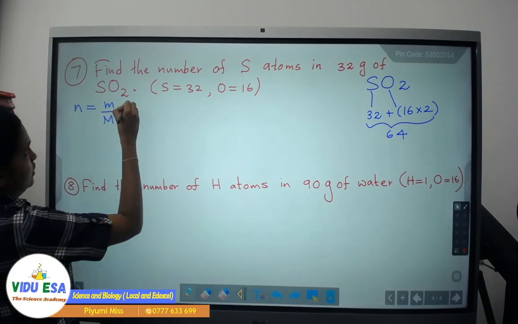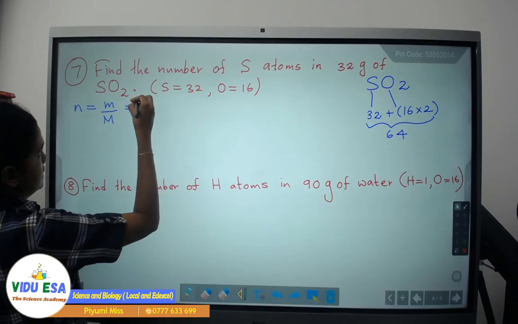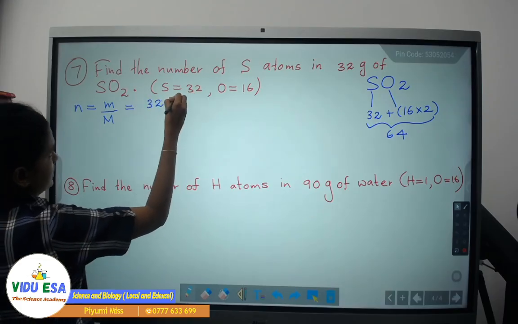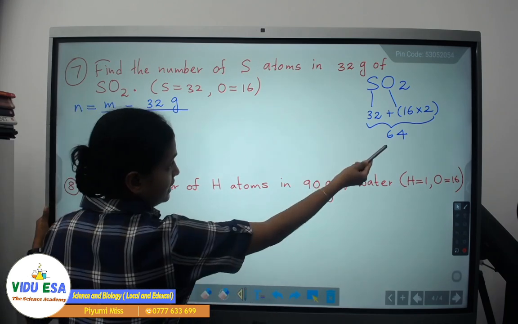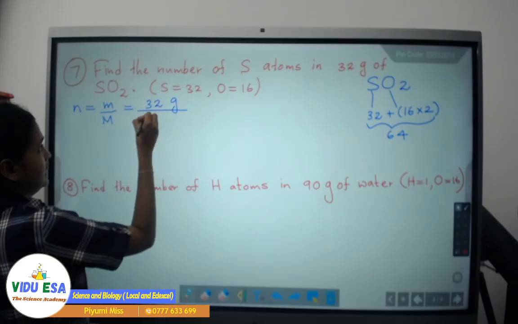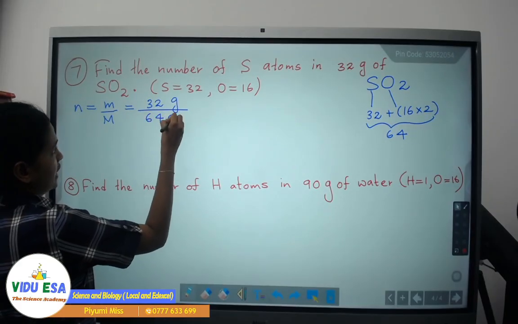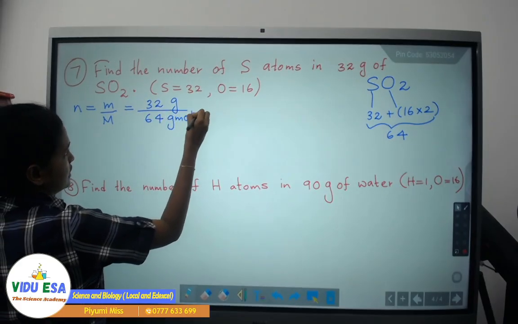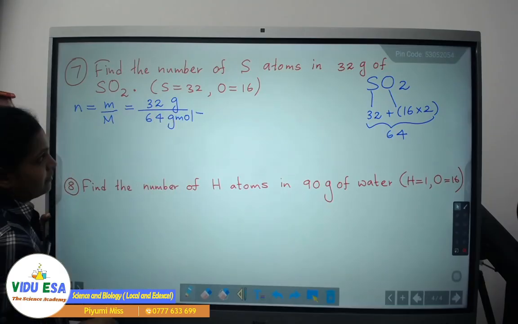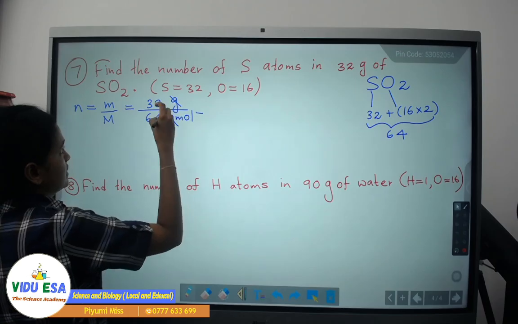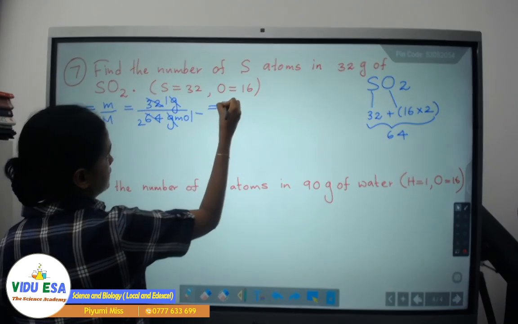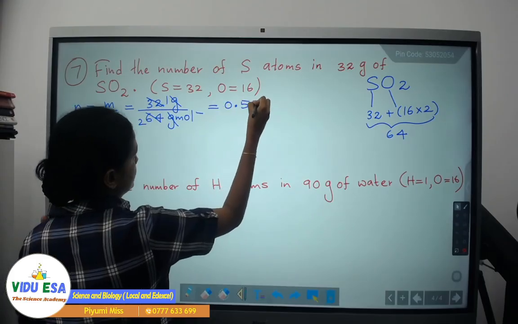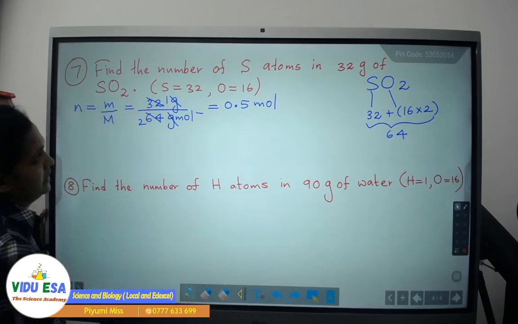So the mass of sulfur dioxide given is 32 grams. 32 grams divided by the molar mass, which is relative molecular mass taken in grams. That is 64 grams per mole. Here 32 into 2, that is half. Here 0.5 moles of sulfur dioxide is there.